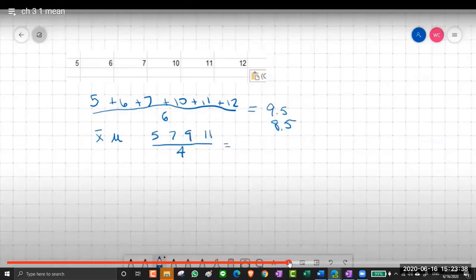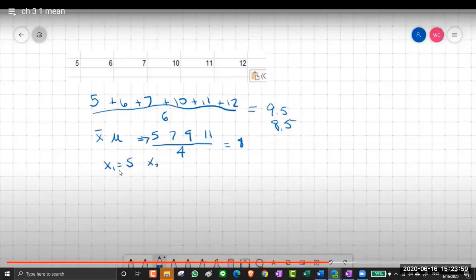If we had these numbers and we wanted their mean, of course, we would just add them up and divide by 4. I forgot the plus signs, but we would add them up and divide by 4, and we would get 8.